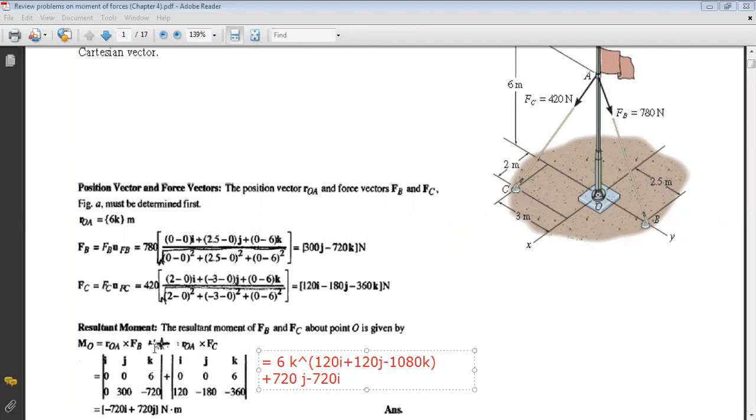And as you can see, I obtain the same result, but in a much faster way. Instead of doing the matrix 1 plus matrix 2, this is much easier here. So always try to choose a method which will simplify your calculation. Any question on this problem?